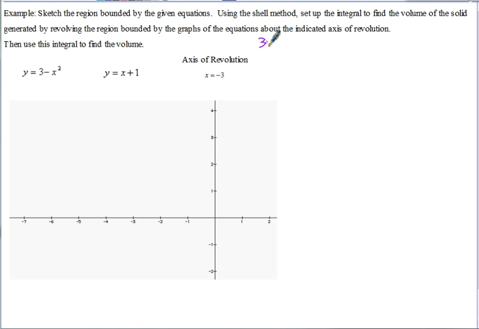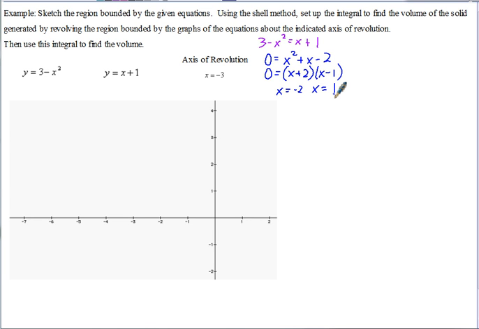So 3 minus x squared equals x plus 1. One side equal to 0, add the x squared over, plus x. If you subtract the 3 from the 1, minus 2, and factor that into x plus 2, x minus 1, we see we've intersected at x = -2 and x = positive 1.